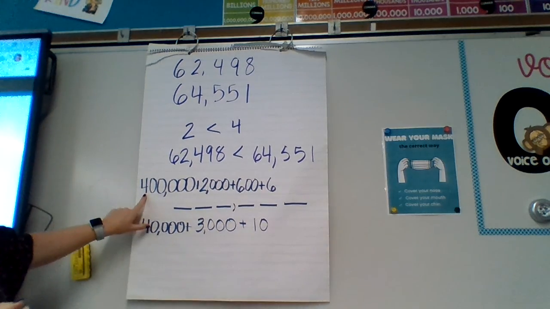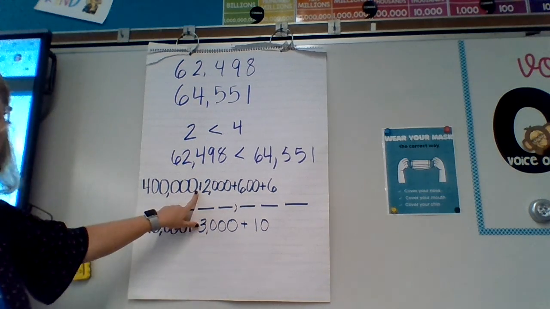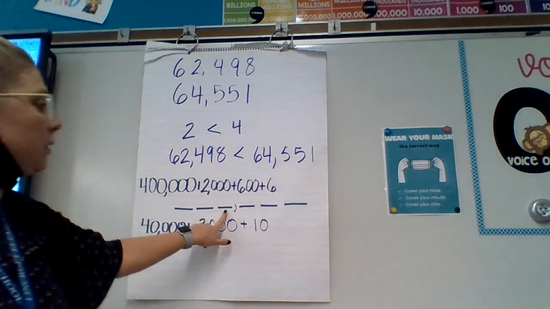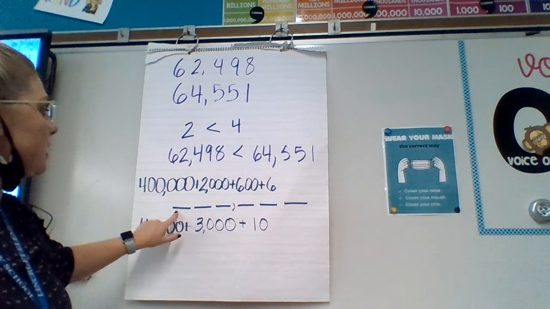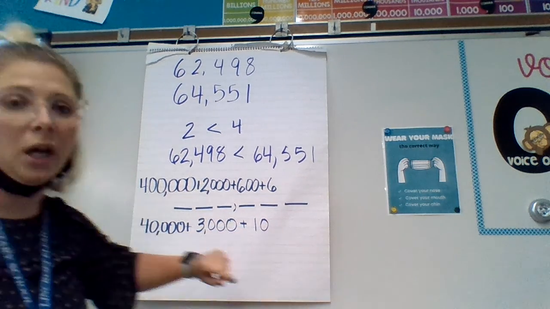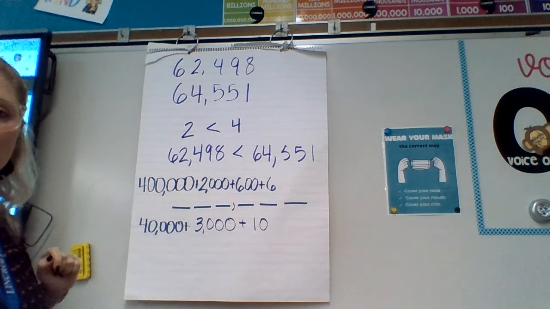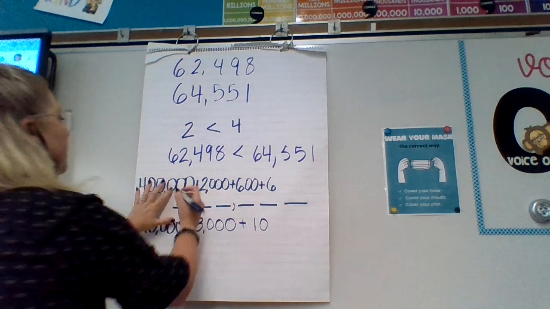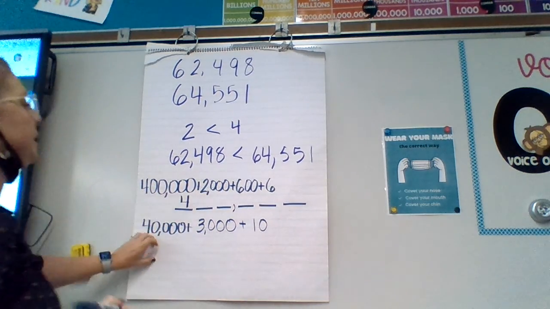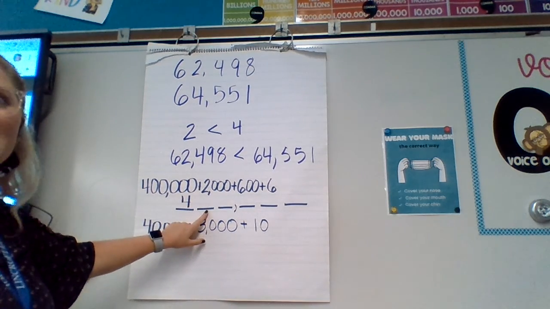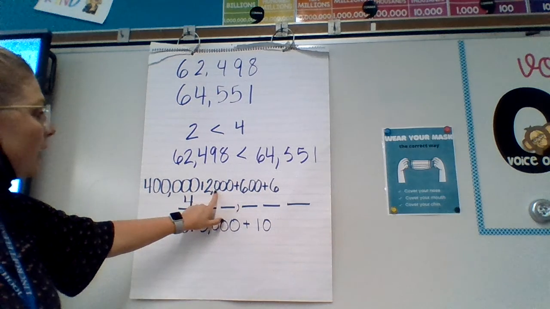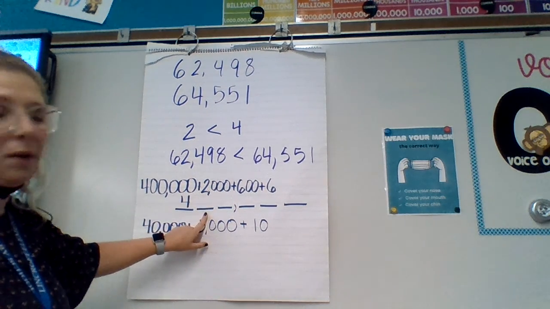Because I have 400,000, I have 6 digits, and we'll fill in our blanks as we go. In my 100,000 spot, I have a 4. Then I go next. Do I have anything for my 10,000s? No, that's 2,000. So I'm going to put a 0.